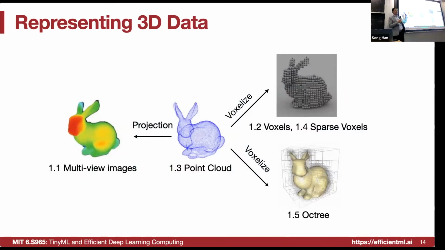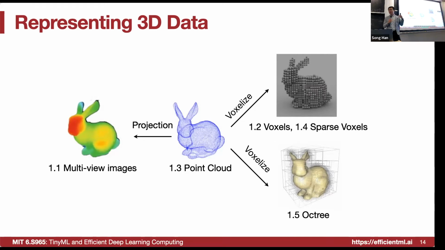So this is the overview of our learning process. We are going to learn how to represent this 3D data, this sparse data, and then we are going to talk about system and hardware support for such algorithms.